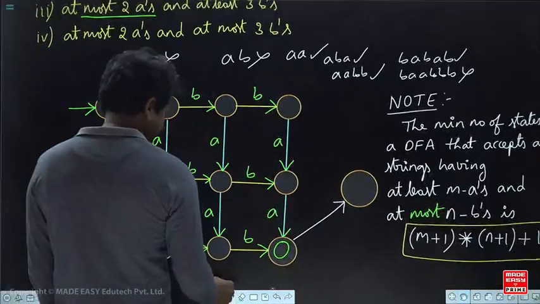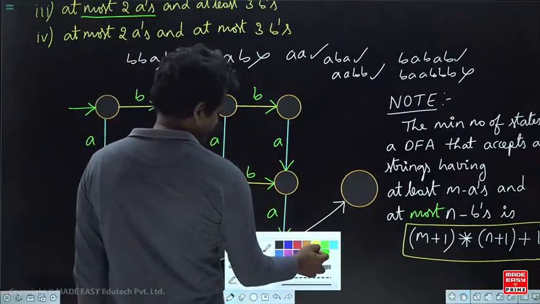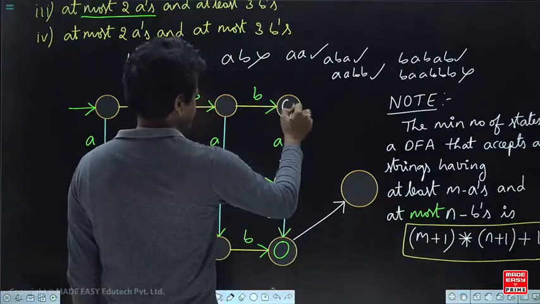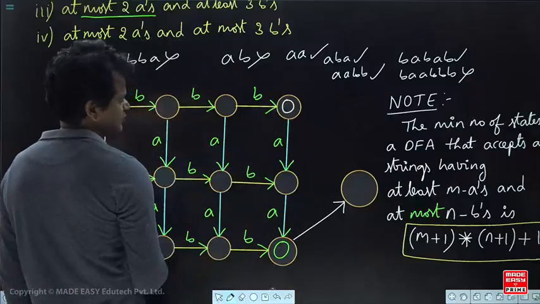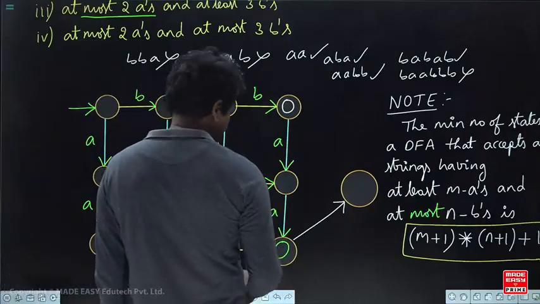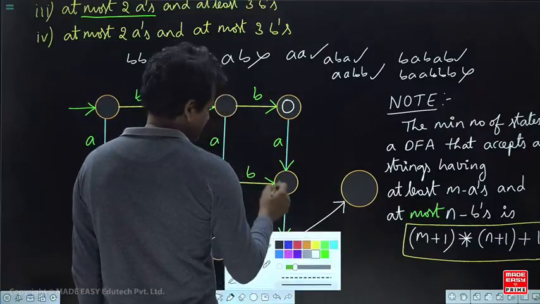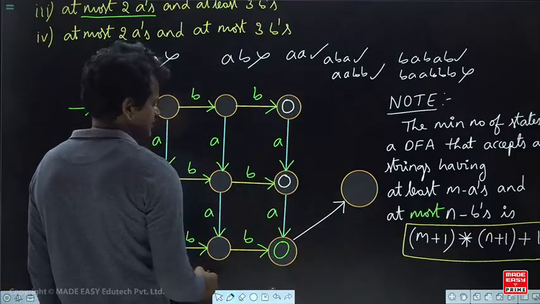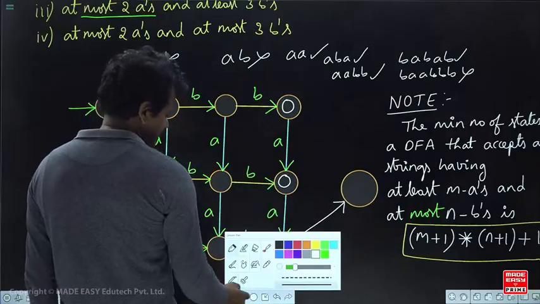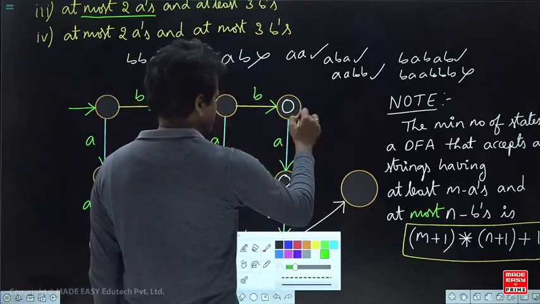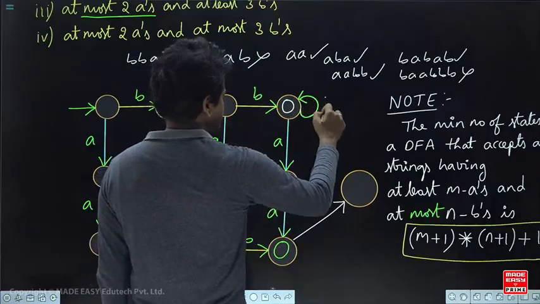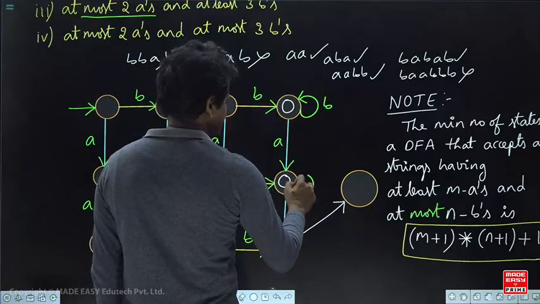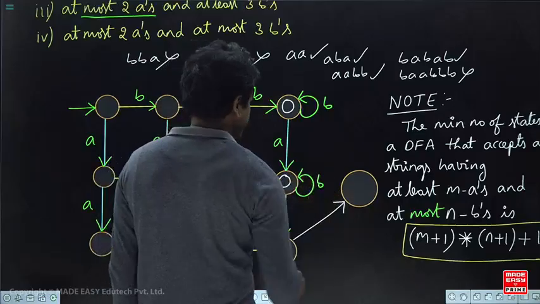So what is the smallest string? The smallest string is triple B. Only B's you can accept, and triple B with a single A is accepted. B's can be more than that also. B's minimum 3 can be any number.